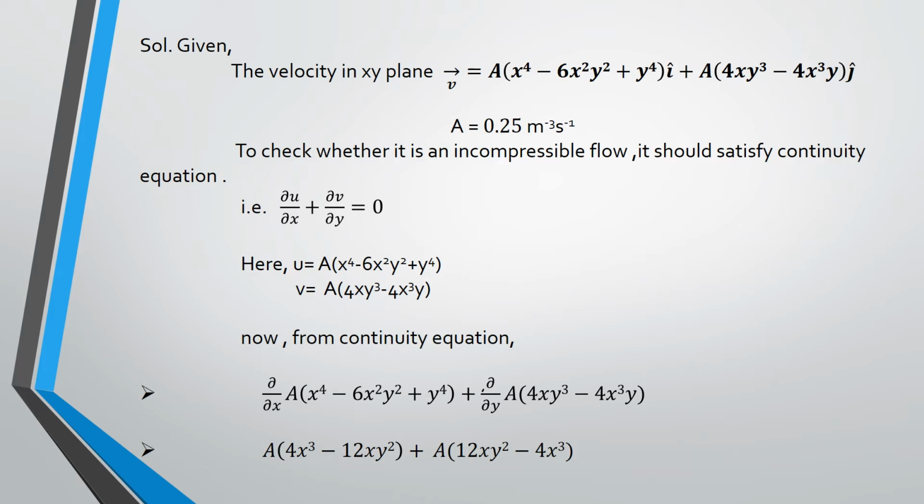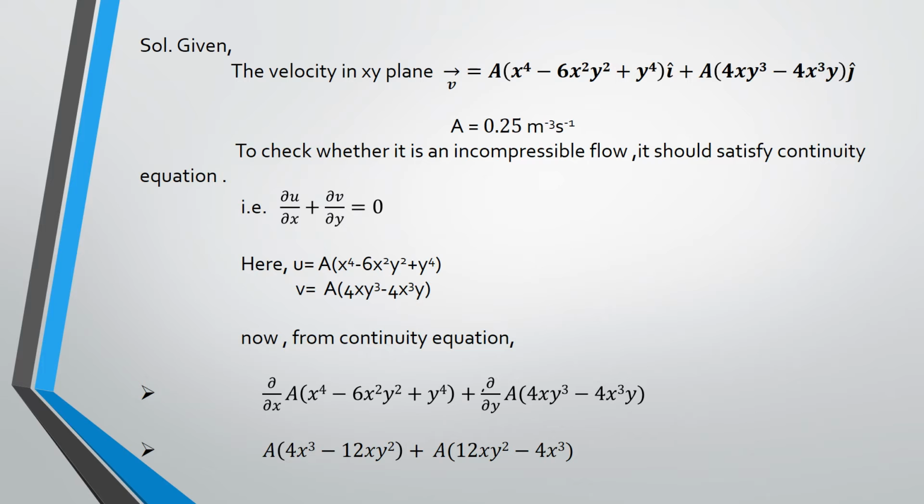Here u equals a into (x power 4 minus 6x square y square plus y power 4), and v equals a into (4x y cube minus 4x cube y). Now substituting those values in the continuity equation, we get dou by dou x of a into (x power 4 minus 6x square y square plus y power 4) plus dou by dou y of a into (4x y cube minus 4x cube y).